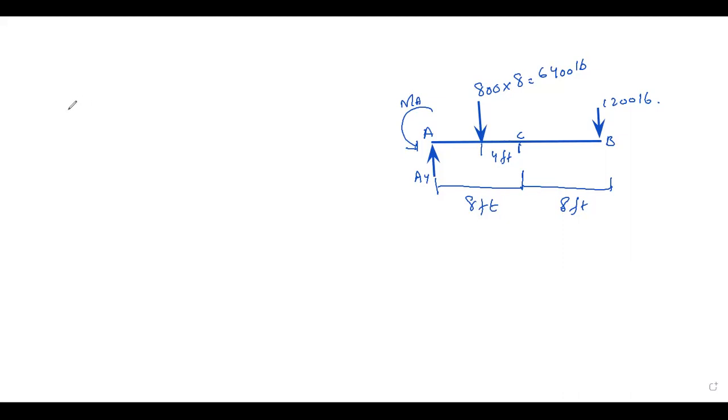First, take the summation of moments at A equal to 0. The moment created by this 1200 will be clockwise.